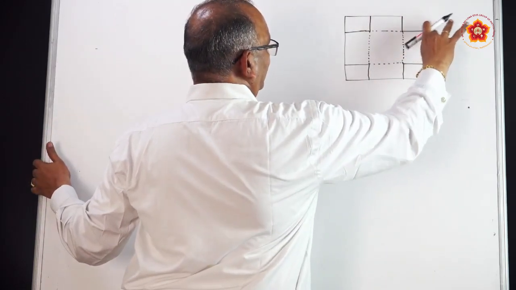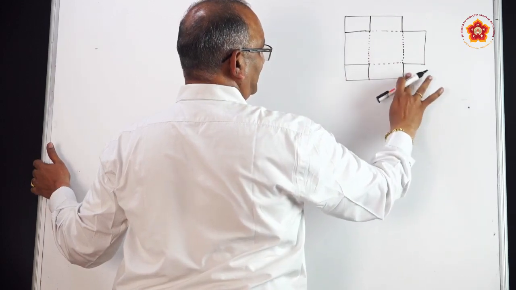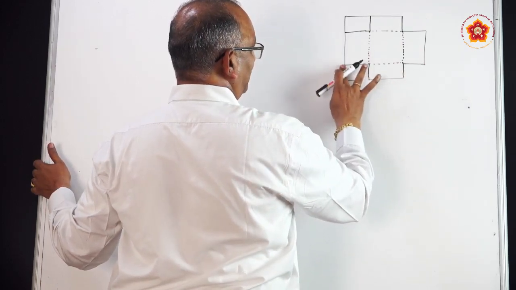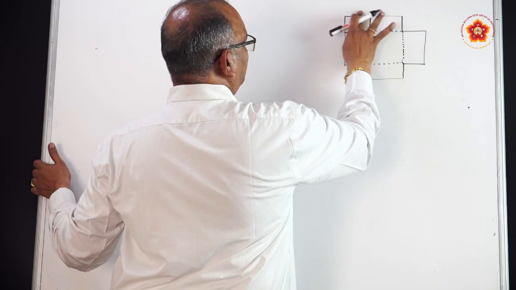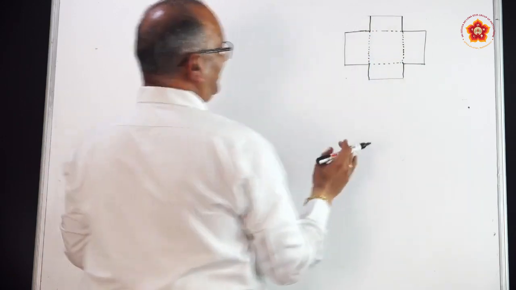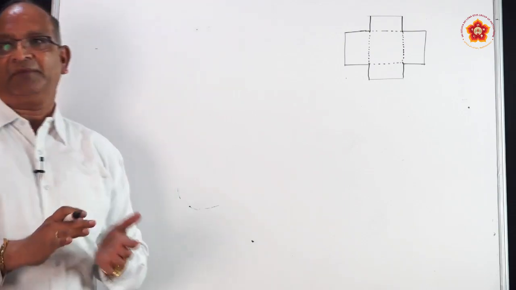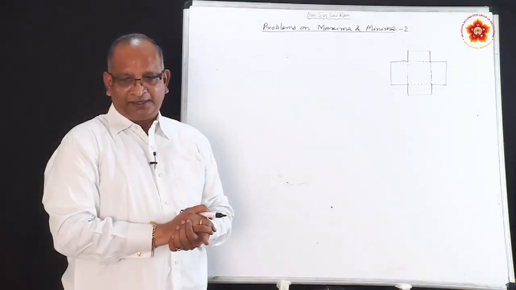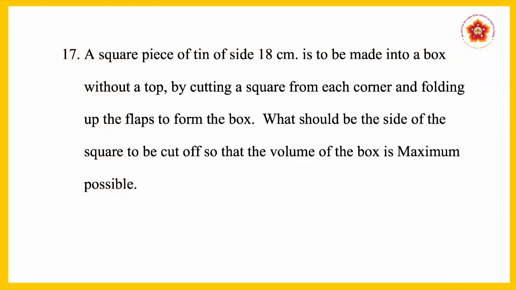Let us say this part we have removed, this part we have removed, and this part also we have removed. And then what we did? We folded and it became a box. He says a square piece of tin of side 18. Originally each side the length was 18.